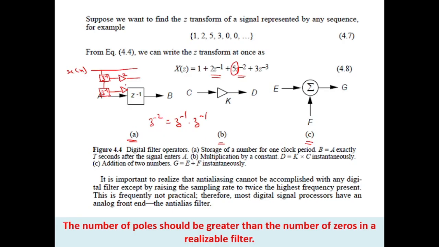Then in the next stage I have z to the power minus 3, so I will take another z inverse and have a multiplier of 3. I have not added anything till now, so I have to add these to get the output. So these will all be added.